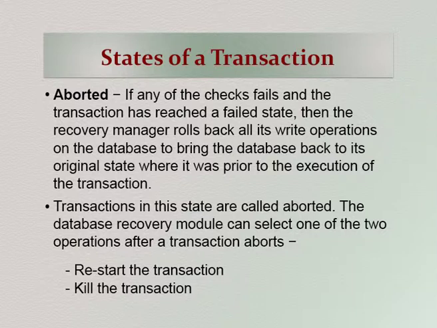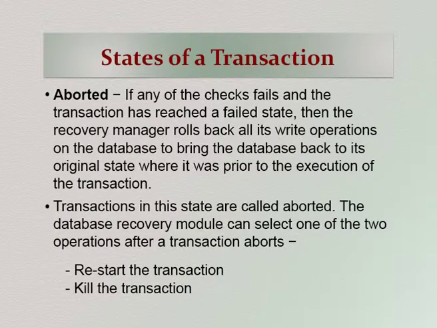All the changes up to that point will be reverted and it comes back to its start state. Transactions in this state are called aborted. After the transaction is aborted, there are 2 options: it may restart the transaction, or it completely kills the transaction.